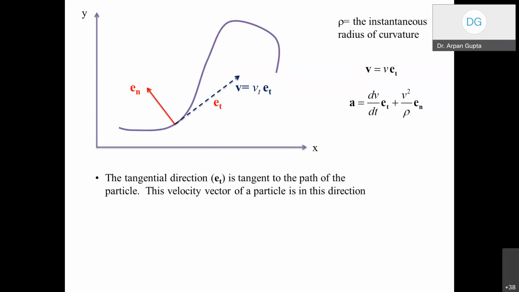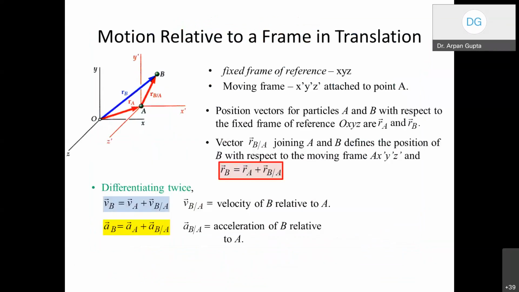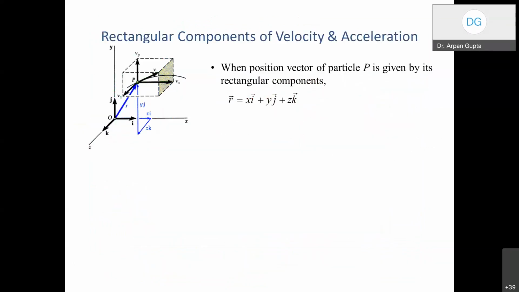There are different kinds of coordinates and different types of frames of reference from which we can observe the motion. The fixed frame of reference which we have already seen was a Cartesian coordinate system, right? So that we have already seen.